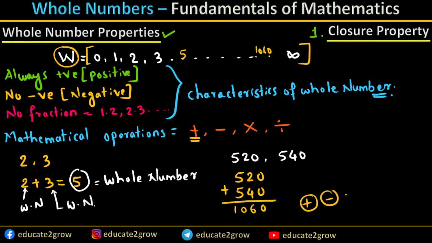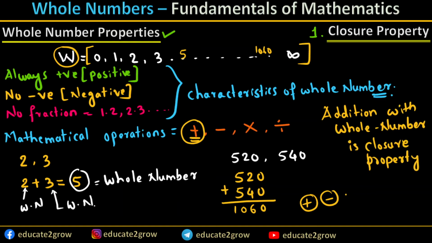That kind of number we call a closure property number. So how do we get this? Using addition. Hence addition of whole numbers is a closure property.